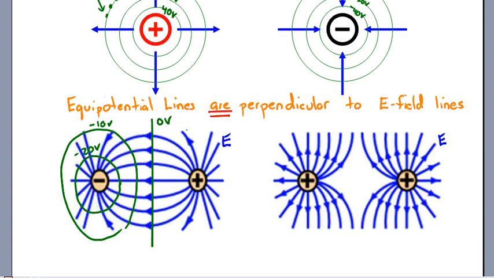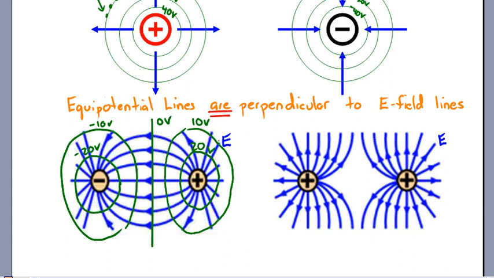And I could do the same thing over here. I just go through making sure that as I cross those blue lines, I cross them perpendicular. Try to cut straight across them. Maybe this is a 10 volt equipotential line, and this might be a 20 volt equipotential line.